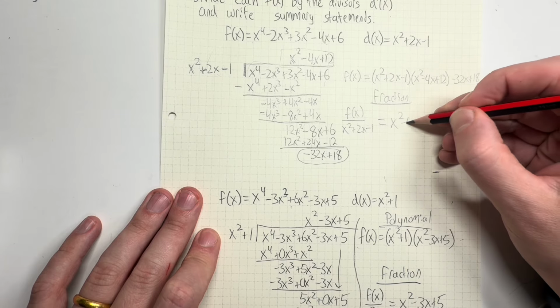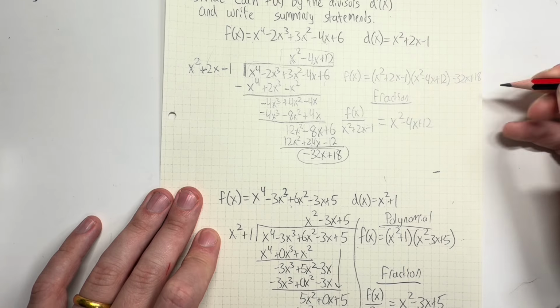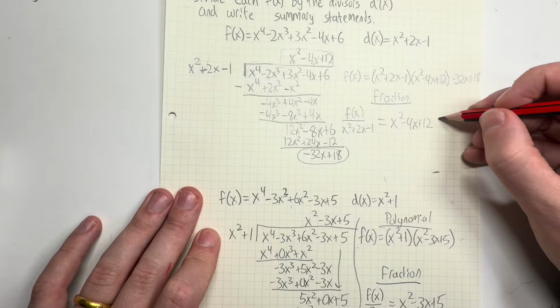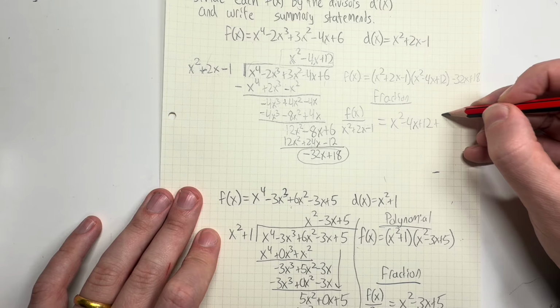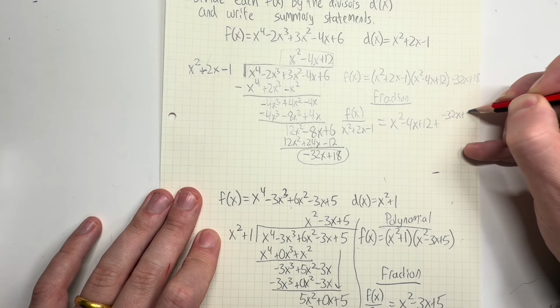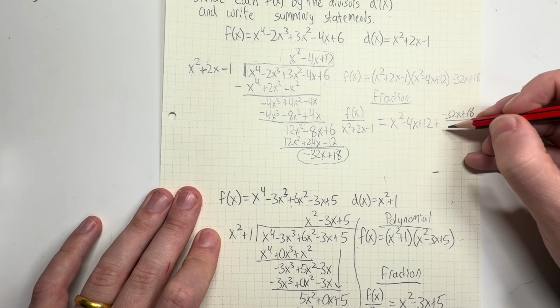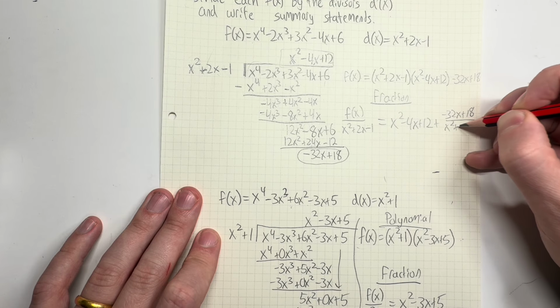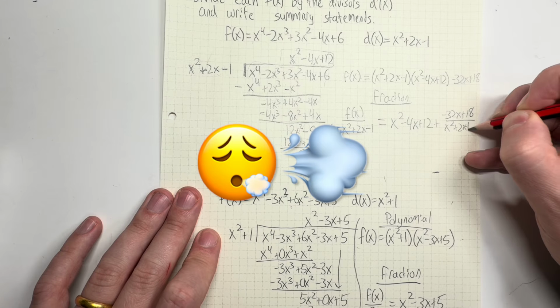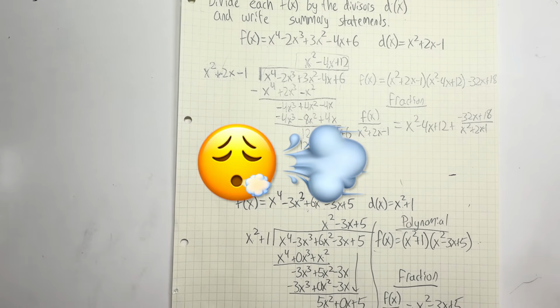And we'll just be left with the quotient. And then the remainder, how do I want to write this? I think I'll write it like this. Divided by divisor. All right, done and dusted.